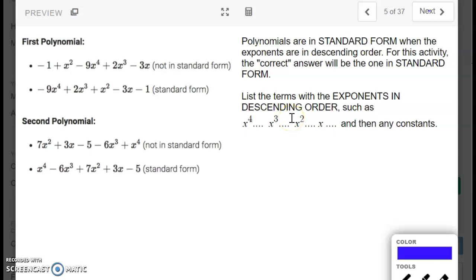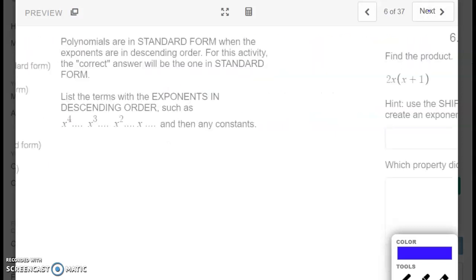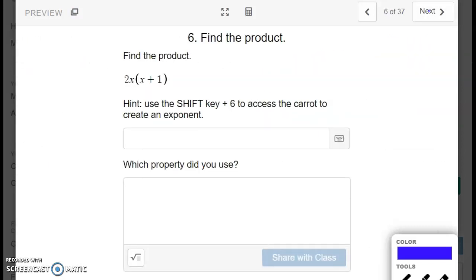That means the highest degree first, followed by the second highest, and then third highest, and then lastly, the constant is always going to come at the end. That's called standard form. It just makes communicating a whole lot easier, and it makes identifying the same or similar polynomials really easy that way. So please read this card, and then find the product.